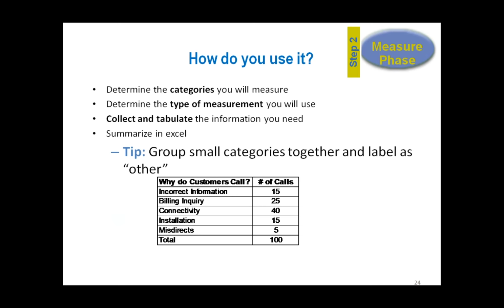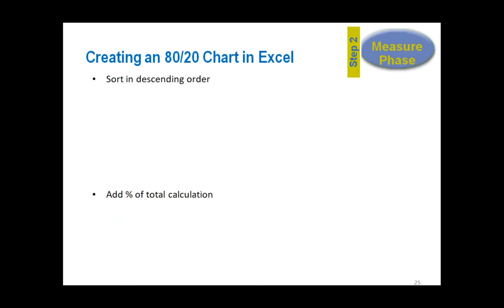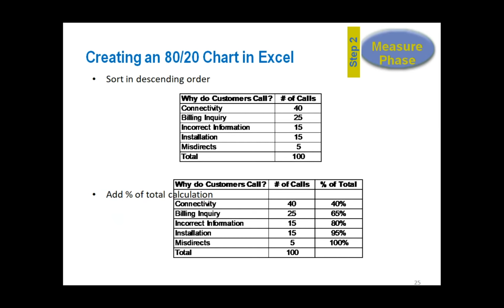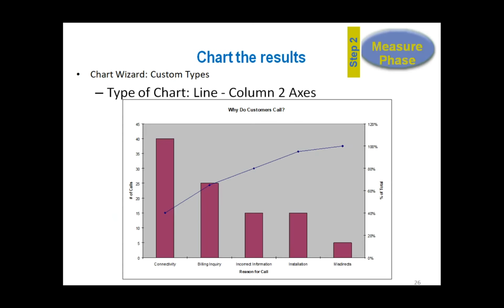So what we do is we sort them in descending order in terms of the number. So here we see the connectivity calls are maximum, 40, followed by billing inquiry, 25. Then we do a cumulative percentage of the total for each of the categories, and then we plot it in a chart.